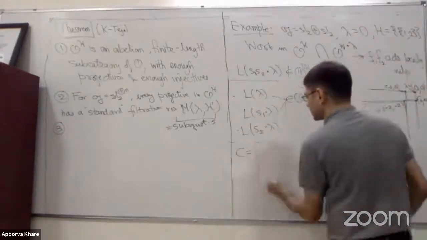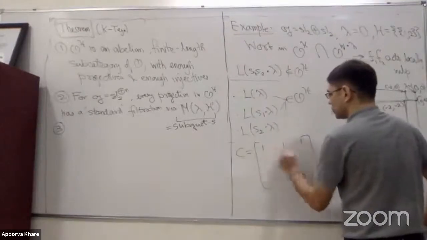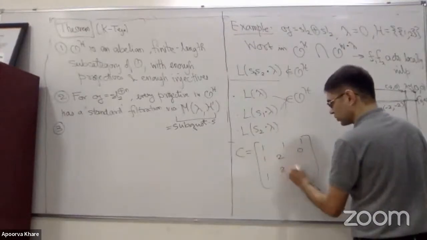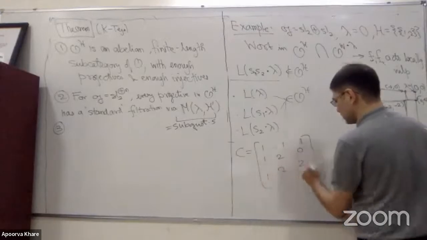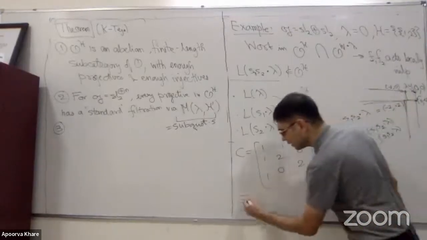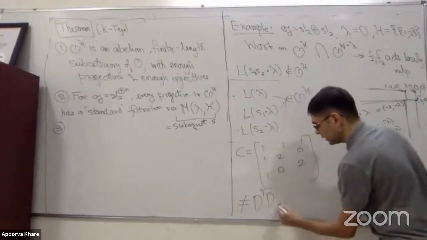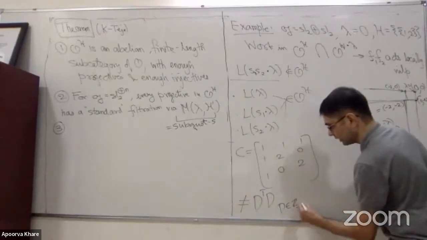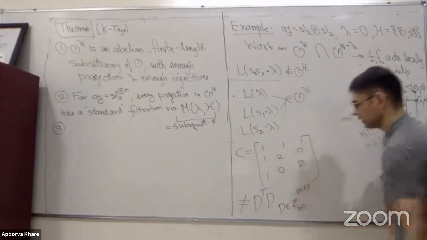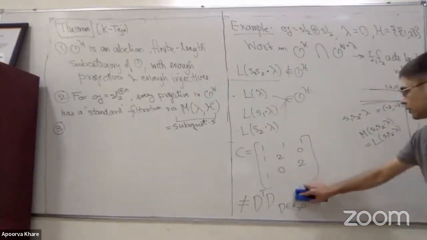And the Cartan matrix was computed last time, as I told you, and I will actually work it out today. And this is never equal on the nose to D transpose D for any D with non-negative integers, of size n cross 3.